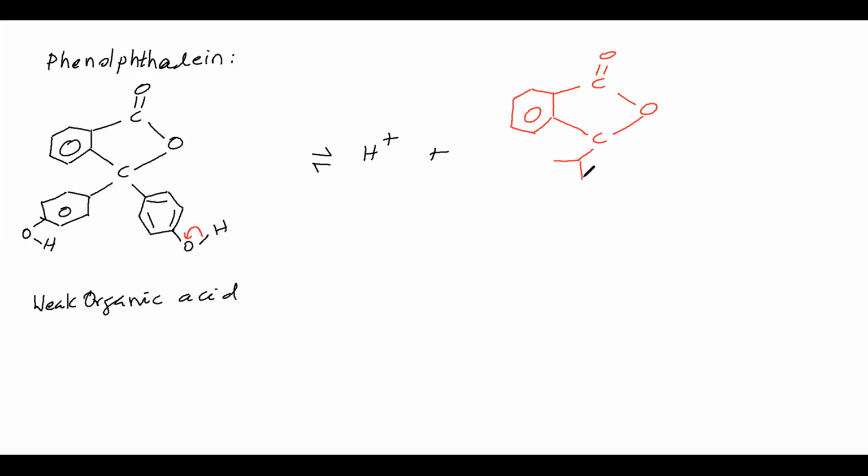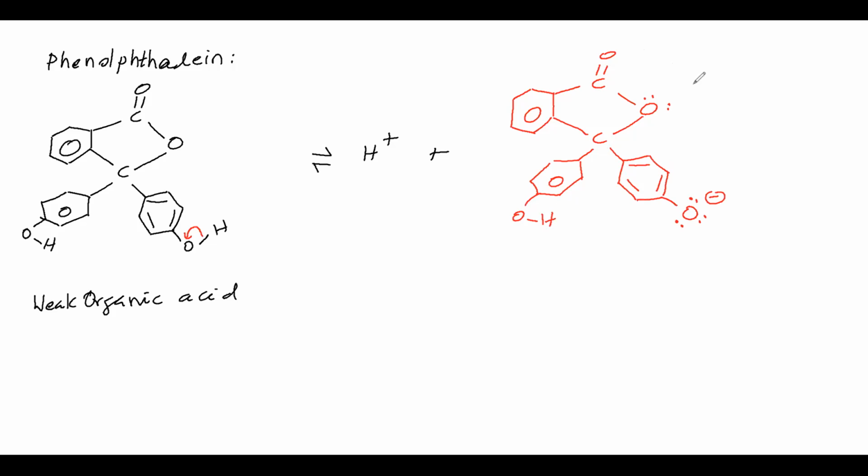This is bonded with one phenyl ring. Here an OH group will be there. Here a phenyl ring will be there. Here O minus will be there. This O will have 3 lone pairs, and here pi bonds will be there. This O will have 2 lone pairs. So like this it is there.